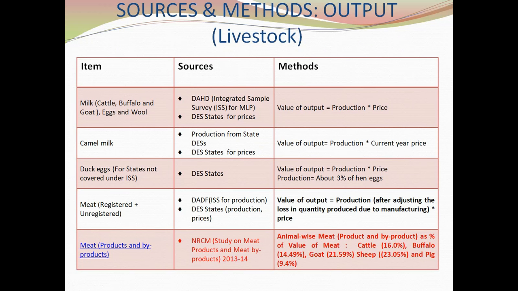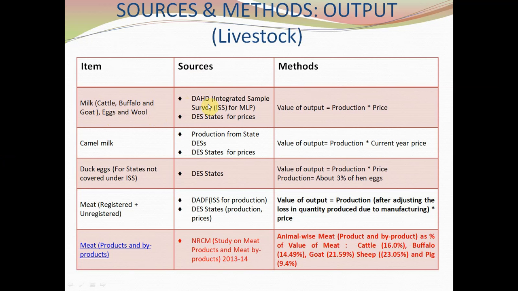Now, what is the method? What are the sources in the livestock sector to calculate output? We will discuss this. First of all, we will discuss milk, which is obtained from cattle, buffalo or goat, eggs and wool.